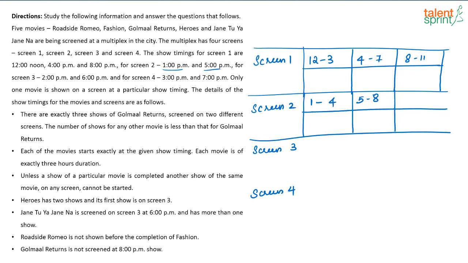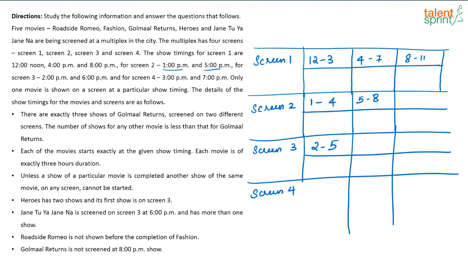1 p.m. and 5 p.m. For screen 3, it is 2 p.m. and 6 p.m. So for screen 3, 2 to 5, correct? And then 6 to 9. 3 hours is each show timing. That's how I am writing this. I hope you understand. Everything is afternoon or evening, so there is no confusion of morning.